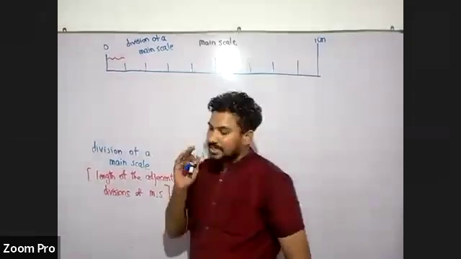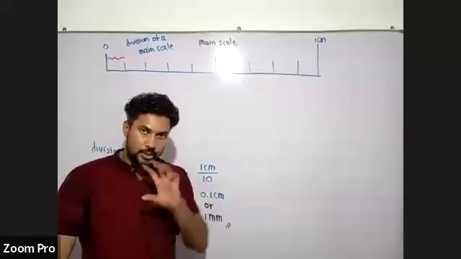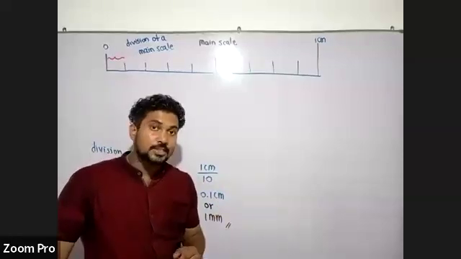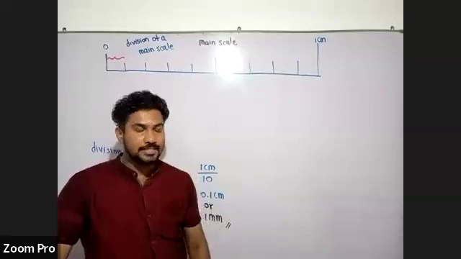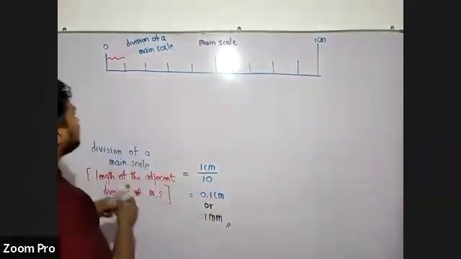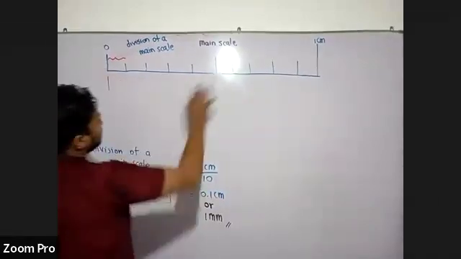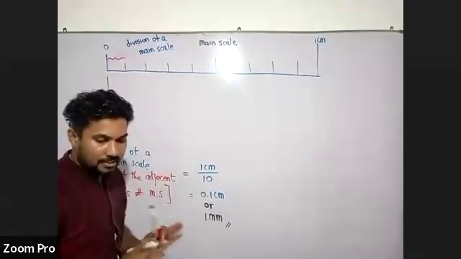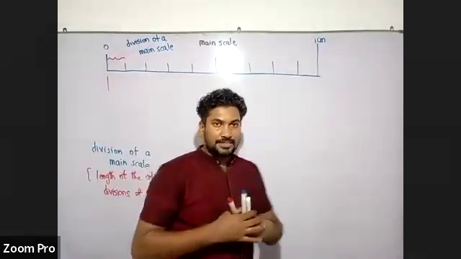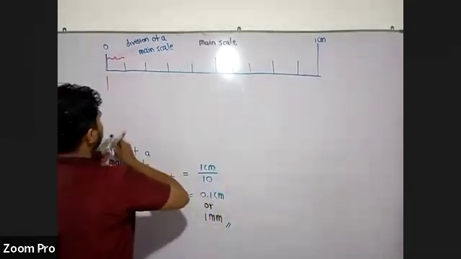This scientist, Vernier, introduced another scale that is called the Vernier scale, right? To obtain the Vernier scale, he considered a particular distance of the main scale. This is the simplest Vernier scale.